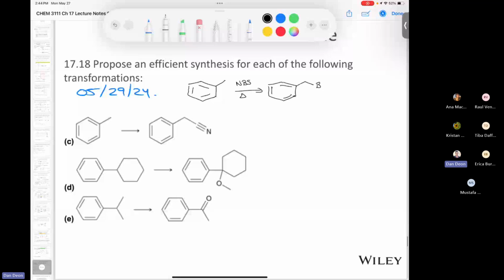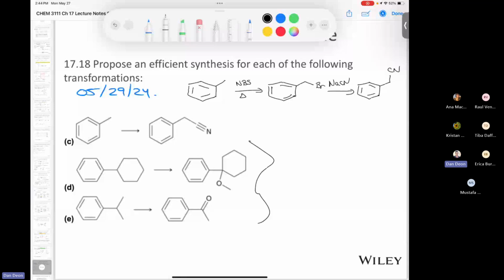And then if we hit that with sodium cyanide, the cyanide is going to act as a nucleophile, and we're going to end up with our product. I'm kind of running out of space here, but I'll just put it here like this. So I want you to try these two, and we're going to take a look at them at the next class.